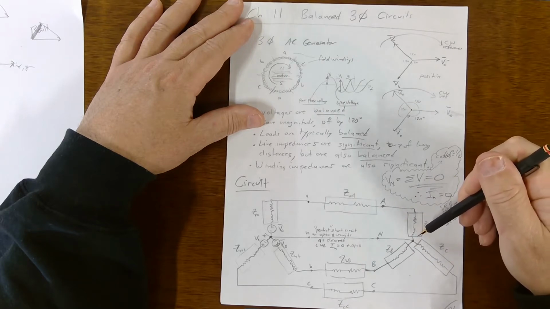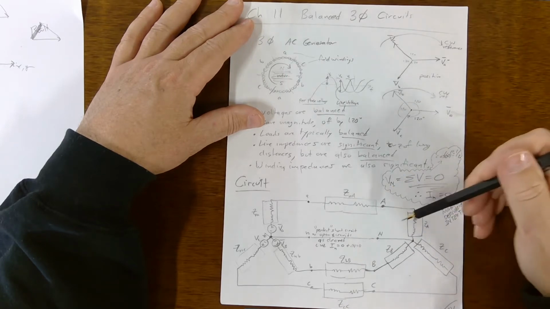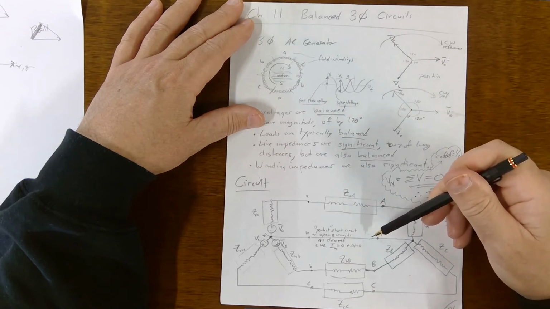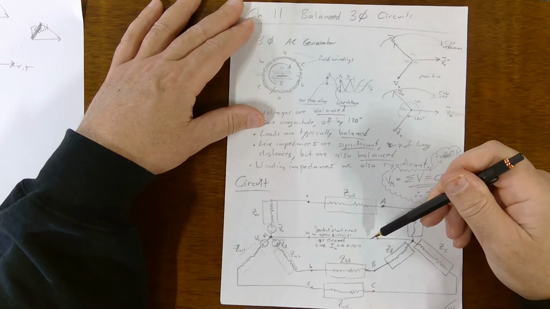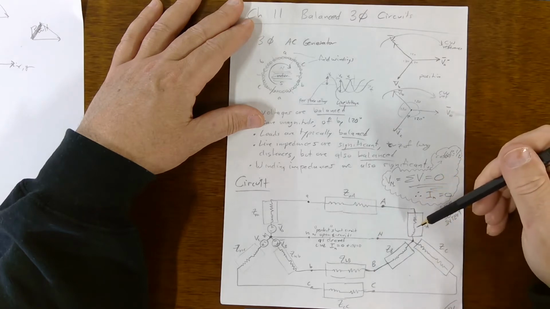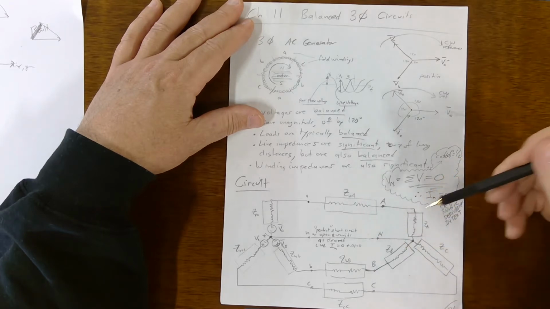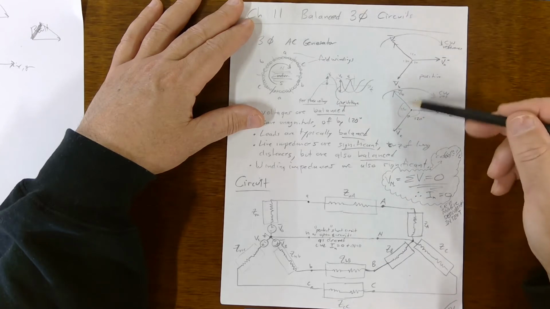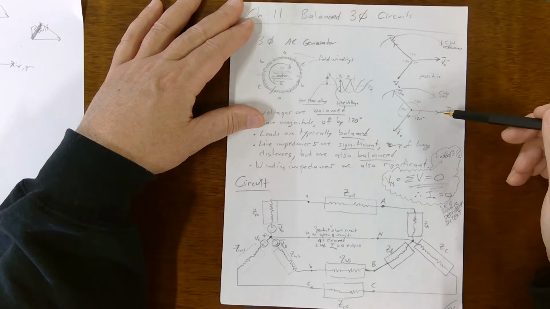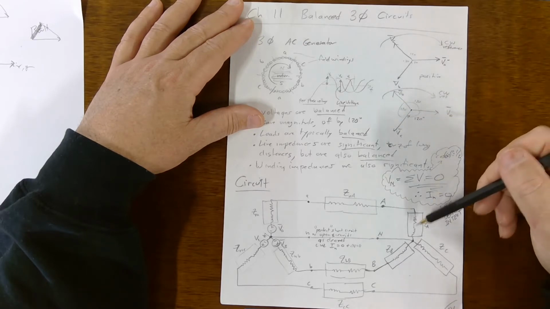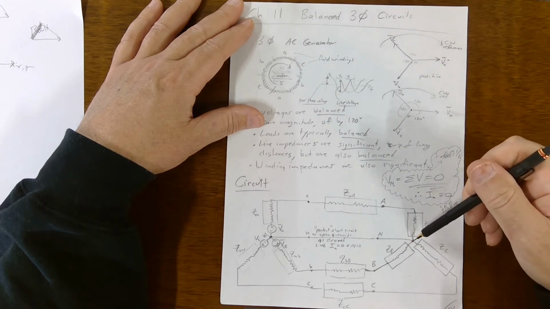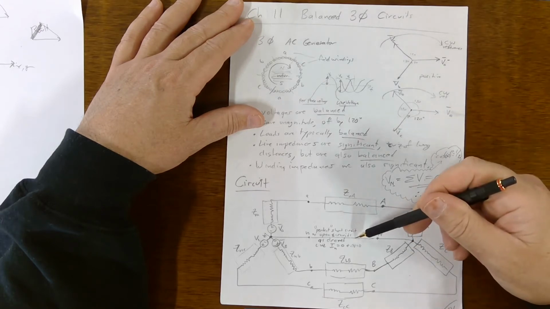Now, there's another way that I like to think about this. There will be no current in this wire for a balanced load. That is, if these 3 voltages are balanced, which they should be, and these 3 loads are balanced, then the voltage here will be 0 and there will be no current in here.